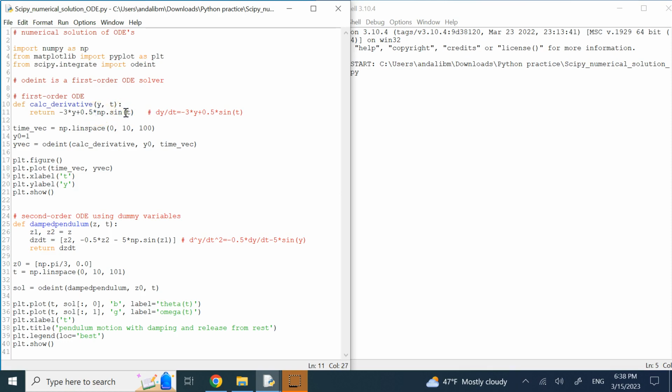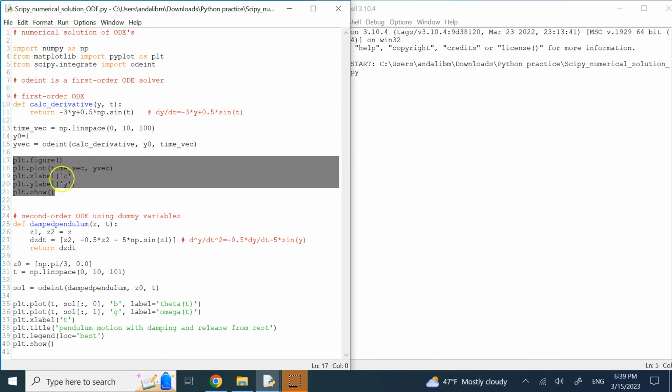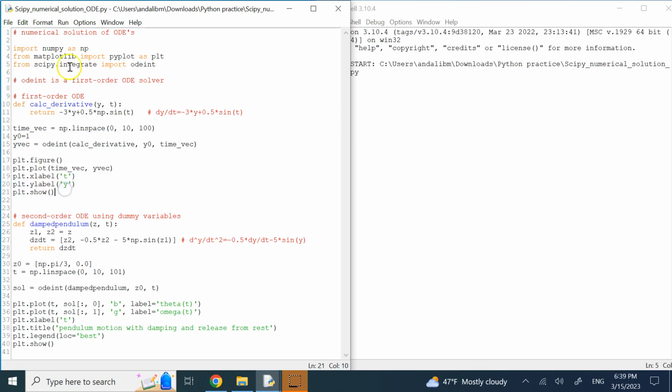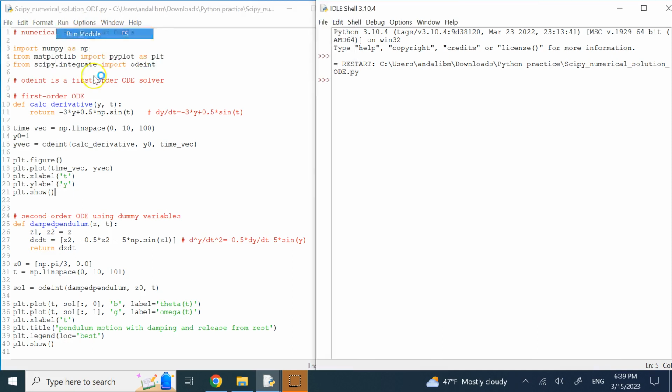Then you pass this function to odeint to give you the y prime. You give it the initial condition and the time vector, and this is going to give you back the y values, where you can plot it versus time. Let me go ahead and run this for you.